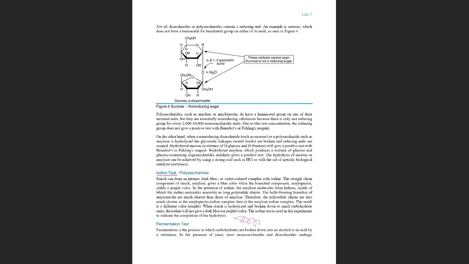So we said that in the presence of iodine, the amylose molecules form helixes. And inside of those helixes, the iodine molecules will enter, and that's why we see that black-blue color.